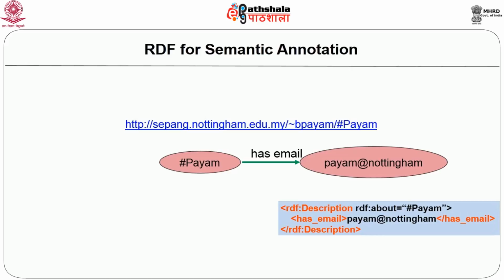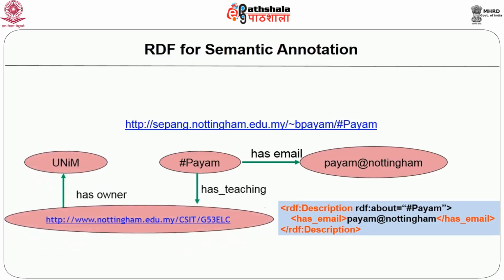I write this as RDF: RDF first, then description, then RDF about, then has mail, then the mail content, then the description ends here. So I have put the data in between. RDF about equals the name. So this is how a simple RDF is created to represent this data.